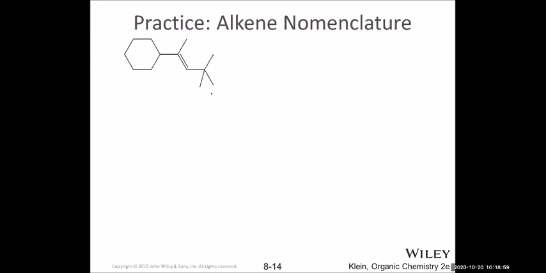Naming alkenes. In this compound, we can name this as a substituent attached to the cycloalkane, or you treat this as the parent and the cycloalkane as the substituent, so this would be a cycloalkyl group.